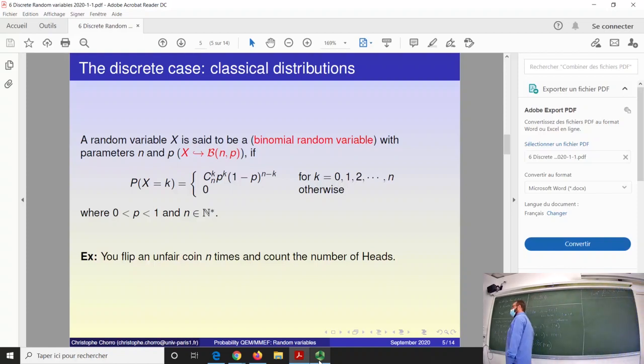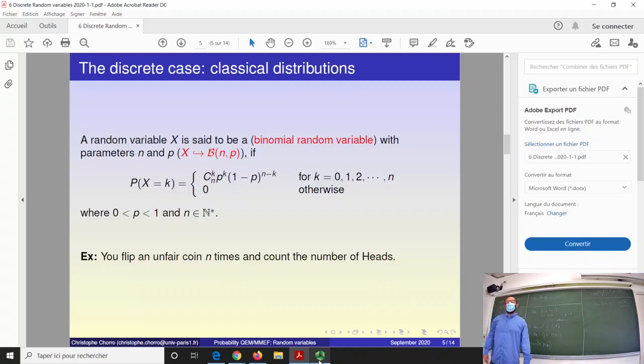You will see that we are going to use it here, but also in other situations when we deal with this binomial random variable. So we said that in the situation where X follows a binomial, I have two parameters here, n and p. It's a distribution depending on two parameters, n belonging to N star, and p strictly greater than 0 and strictly less than 1.